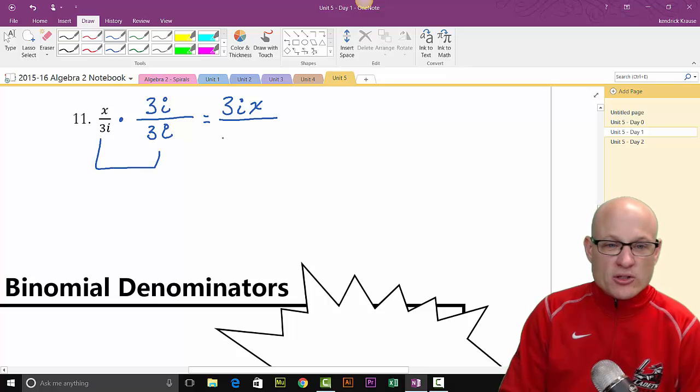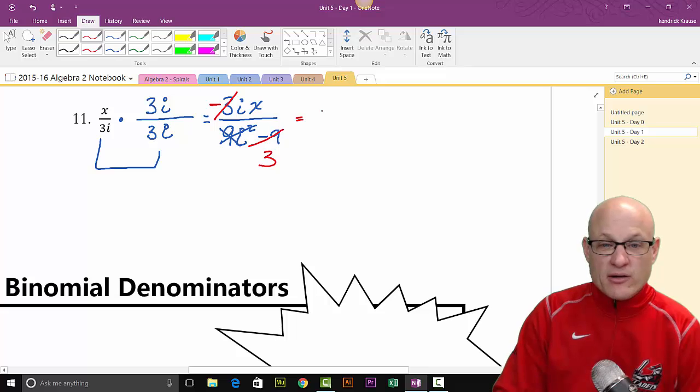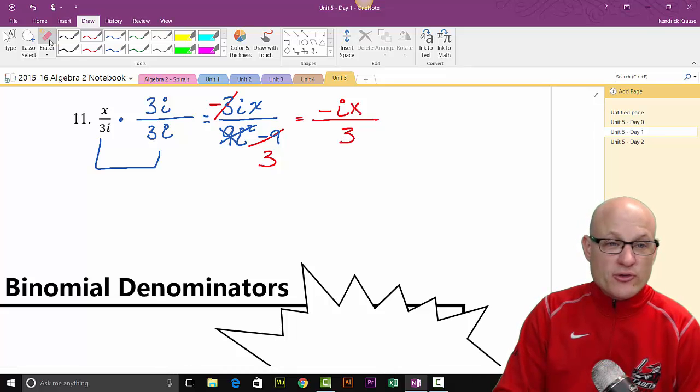And then these two multiplied give me 9i squared, which is really -9. So if I simplify this, 3 goes into -9, -3 times. We'll put the 3 there. And since we can't leave negatives in the denominator, we'll just put it up top. So I really end up with -ix over 3.